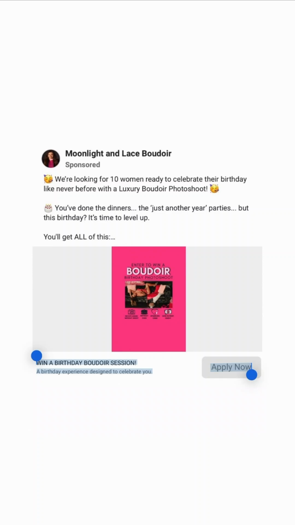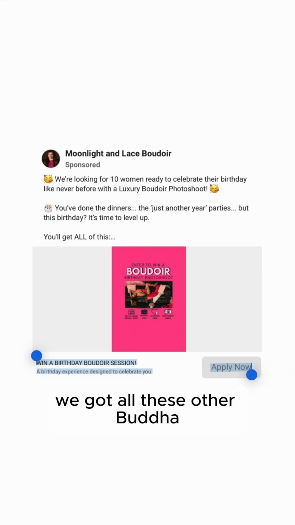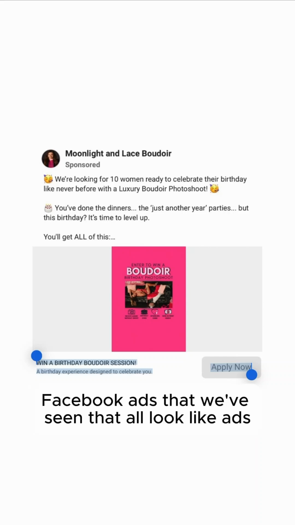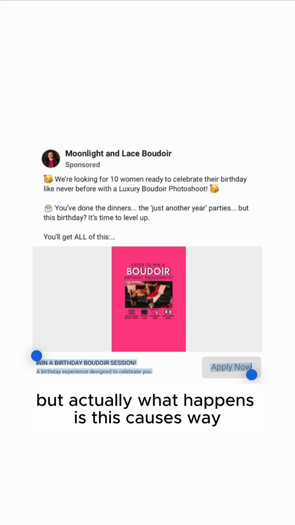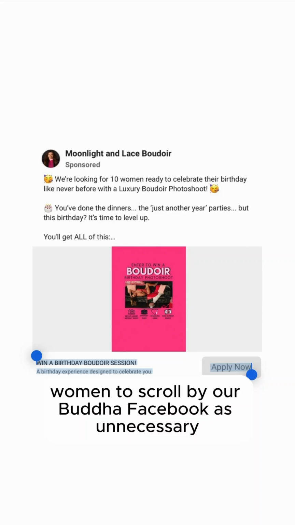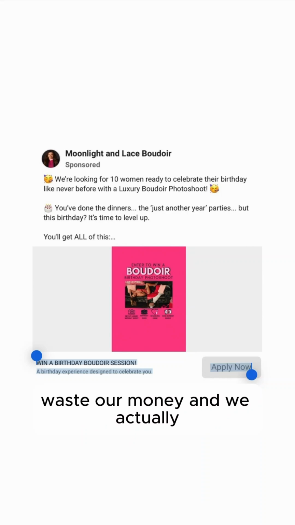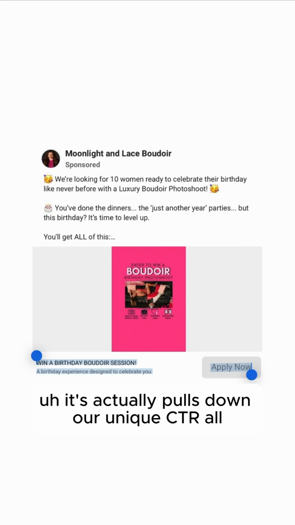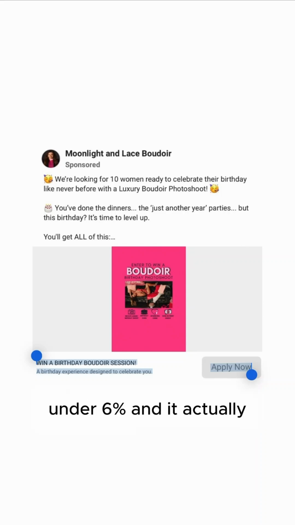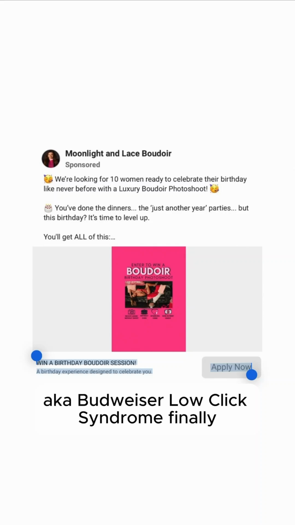And that's because we got all these other Boudoir Facebook ads that we've seen that all look like ads. But actually what happens is this causes way, way, way more women to scroll by our Boudoir Facebook ads than necessary. So we spend that money for those impressions, waste our money. And this actually pulls down our unique CTR under 6%. And it actually increases the probability that we have BLCS, aka Boudoir low click syndrome.